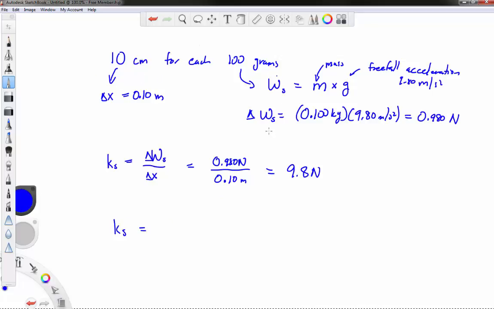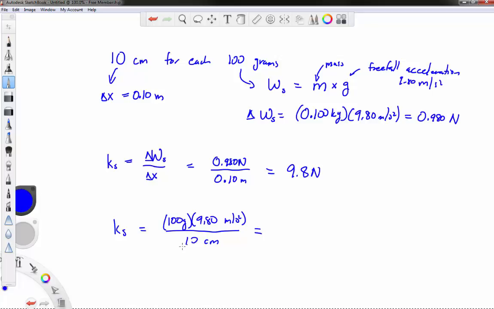Now, I probably should also work this for completeness the other way, which is to say that K_s, what happens if we don't do this conversion? K_s would be basically, instead of 100 grams, we'd do 100 gram times 9.80 meters per second squared divided by 10 centimeters. What would we get here?